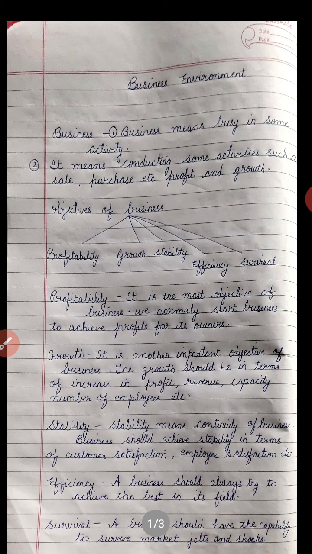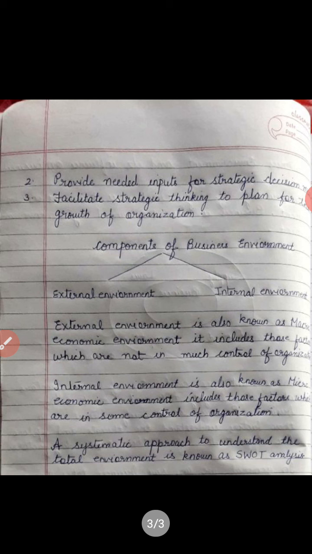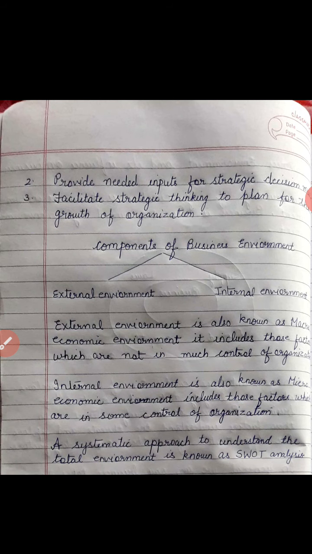Next comes, what does business environment mean? Environment, as we all know, is the surrounding in which we live. But when we are talking of business environment, it means what all a business is surrounded with. In easy terms, we can say business is surrounded by demand, supply, certain laws, and competitors.